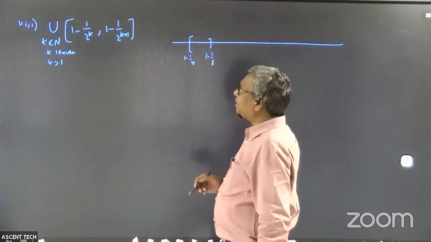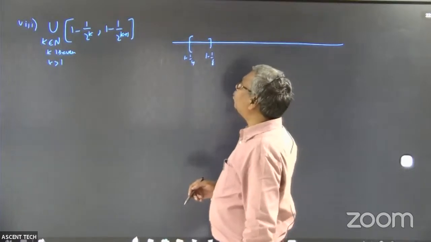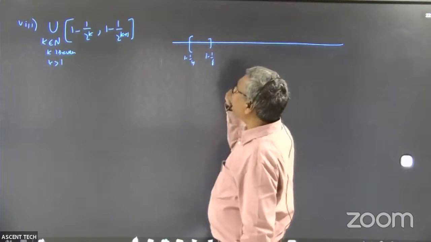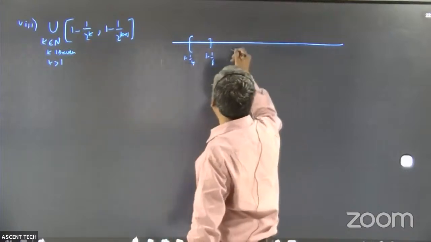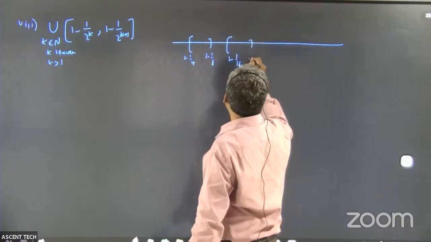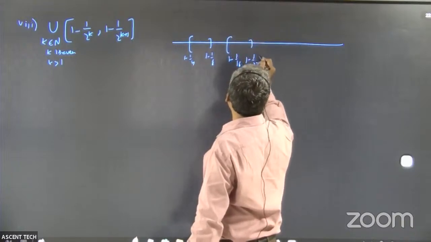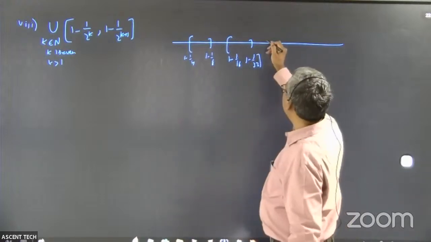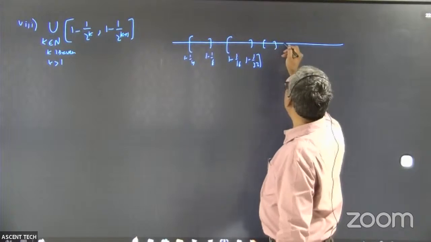When k equals 4, I get 1 minus 1 by 16 to 1 minus 1 by 32. I just wanted to have a little space between the two things. Like that, I have taken lots and lots of intervals.